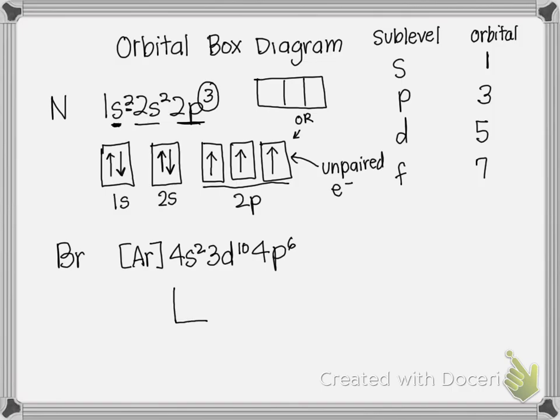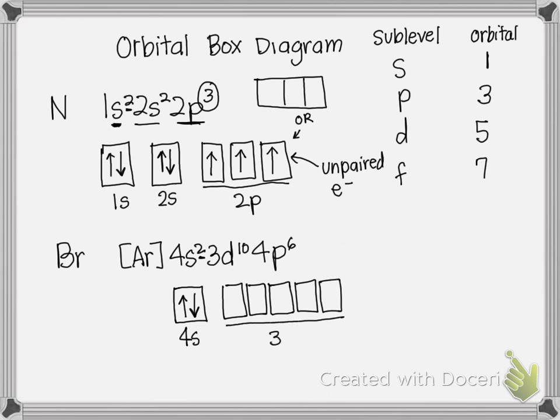So I have 4s, so S is 1 box, and there's 2 electrons in it, because I see that too. So 1, 2. Then I have 3d, so D would have 5 boxes. All of these are equal boxes.